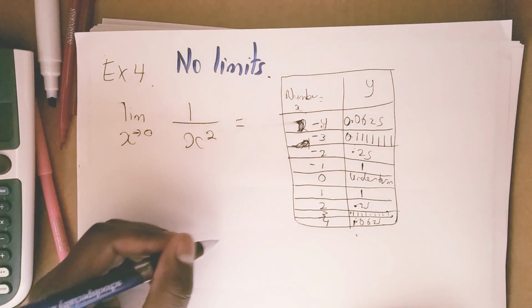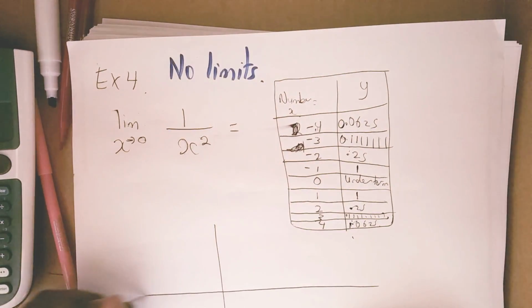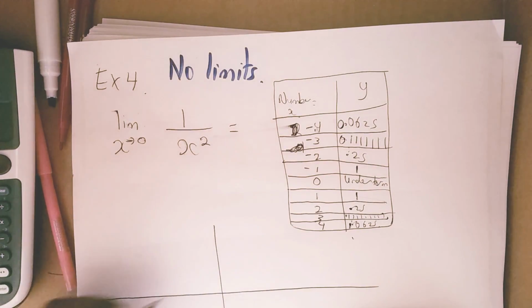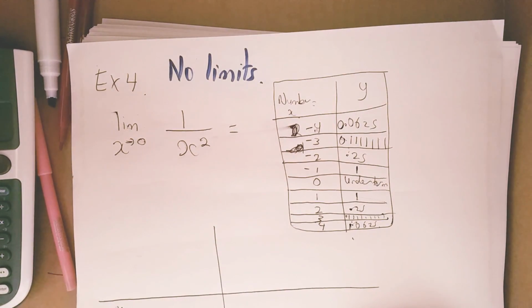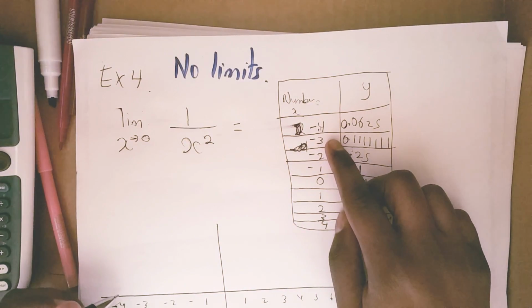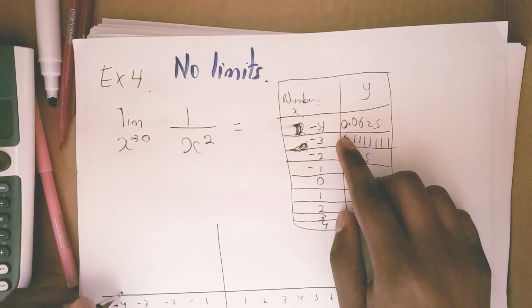So I'm going to graph these functions. I'm going to graph negative 4. So when x is negative 4, y is very small. Very, very small.